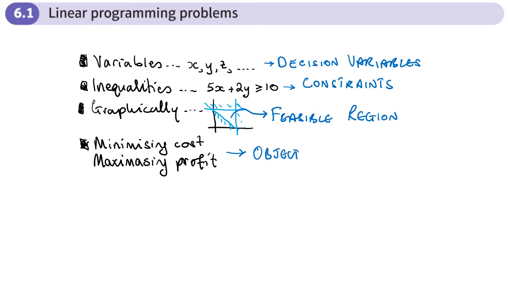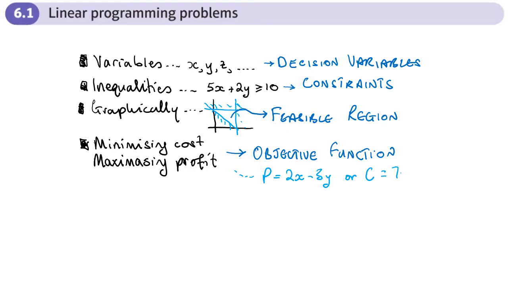So this will be, let's say, something like profit is 2x minus 3y, and we'd want to maximize that, or some sort of cost. I'm just making these things up.